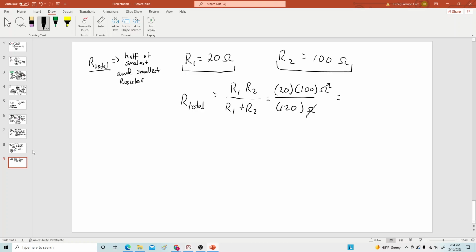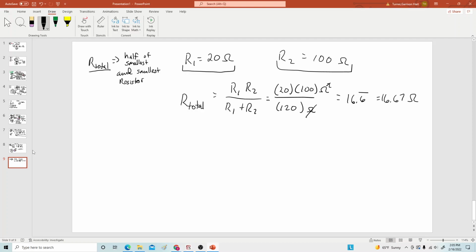The larger the gap, the closer the value will be to your smaller resistor. So we would actually expect this to be somewhat close to 20. It might be like 17 or 18, right? So if I take 20 times 100 and divide that by 120, we get 16.67. Technically it's 16.6 repeating, so 16.67 if you want.